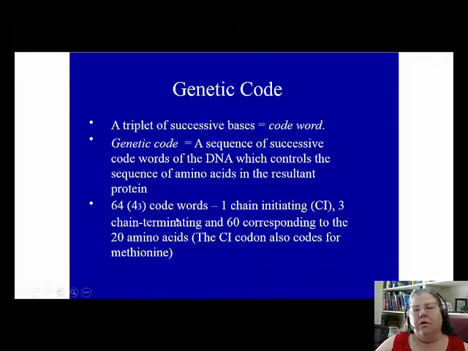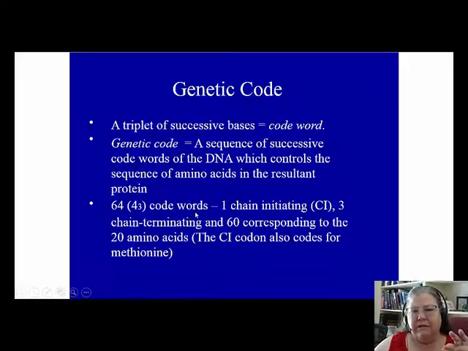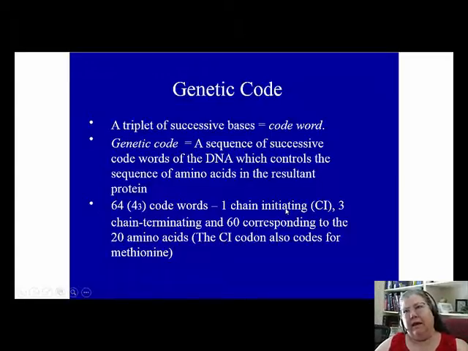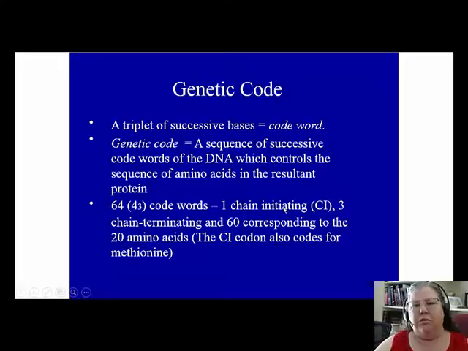There are code words that aren't associated with amino acids. So be aware that there's a chain initiating code word. It says we're about to start forming an RNA to code for a protein.